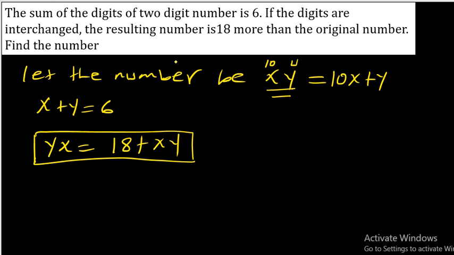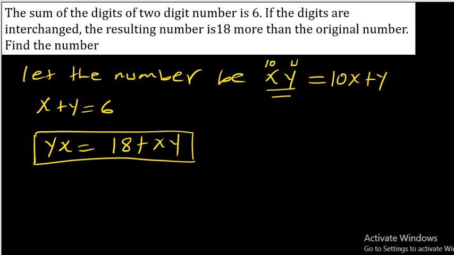And the other information, the sum of the digits equal to 6. That means x plus y equals 6. And also when we interchange the place of the digits, it will be yx. It's given to us 18 more than the original number.